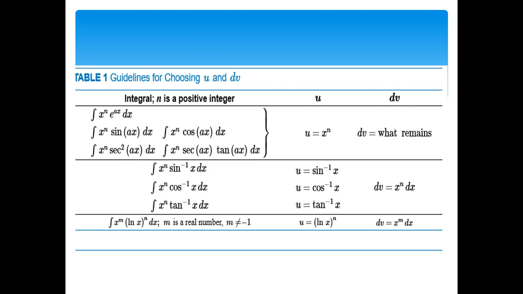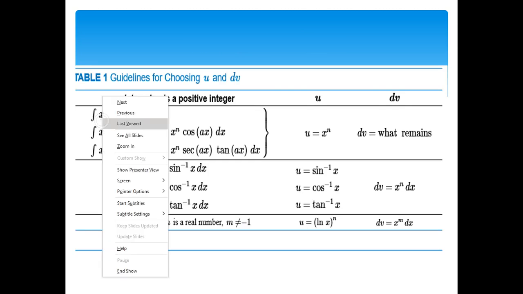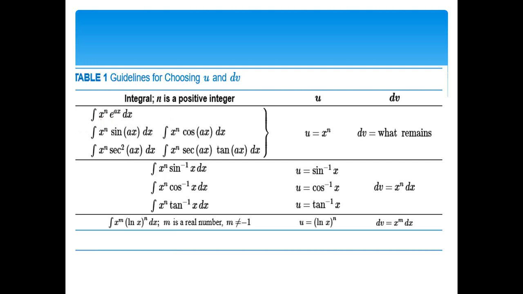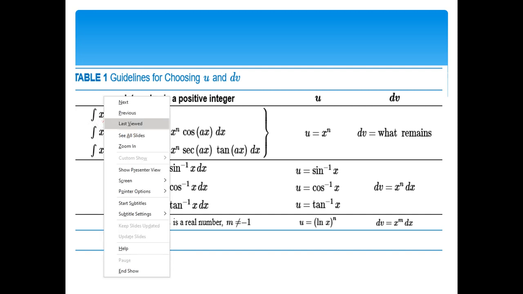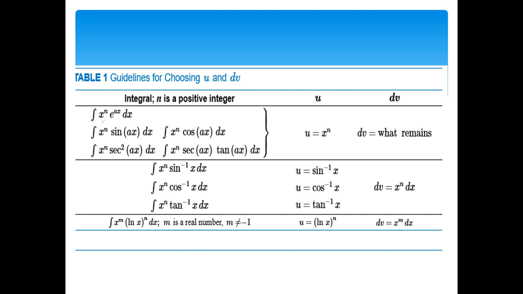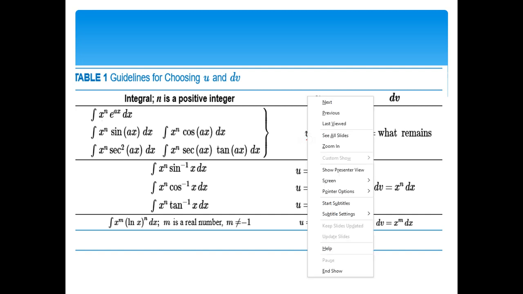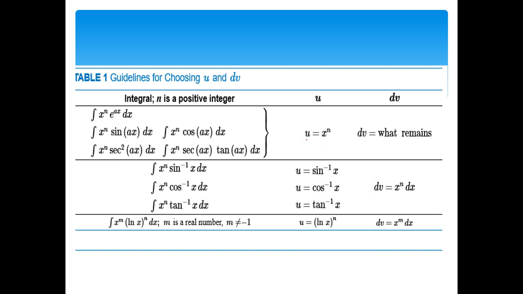So if we have e to the x multiplied with a polynomial like this, usually our choice of u would be that polynomial. And if we have a trig function multiplied with a polynomial, our choice of u would be that polynomial, and the remainder would be dv.